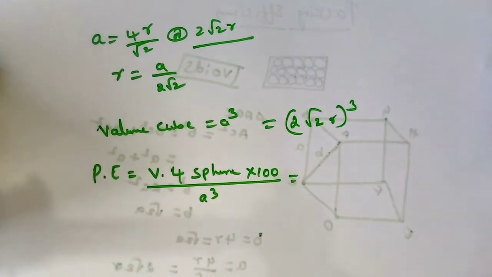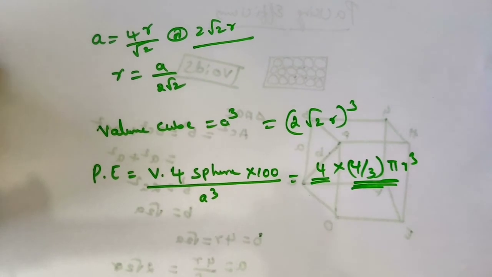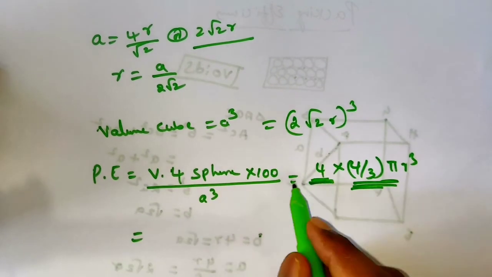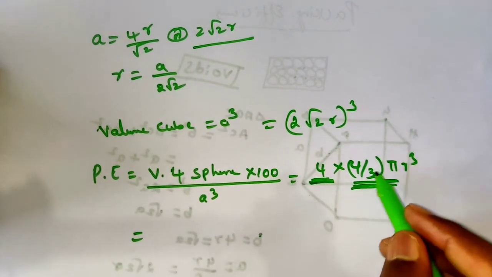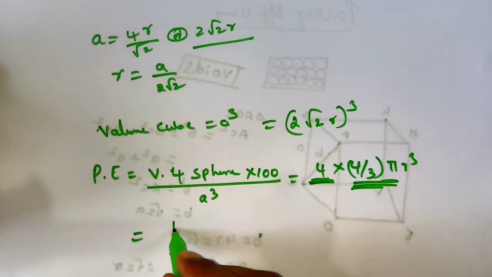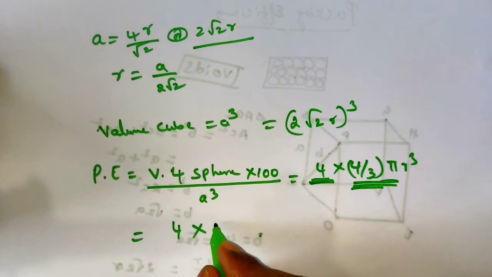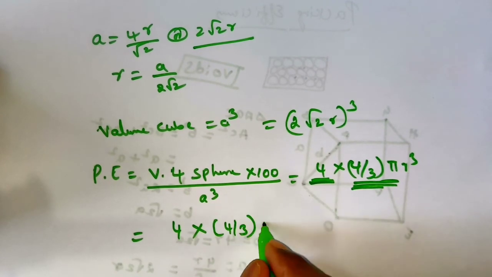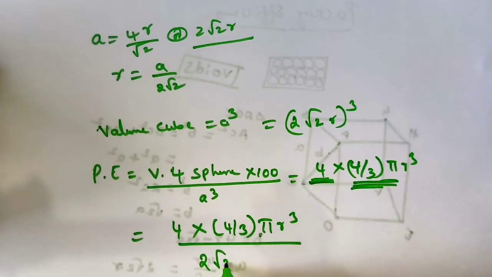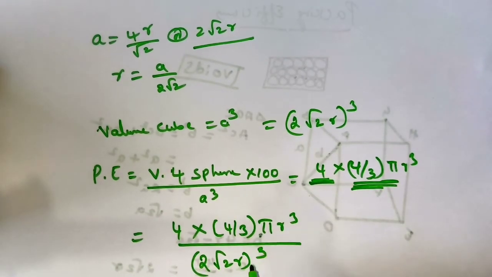The volume of a sphere is 4 by 3 pi r cube. So applying into the formula, 4 into 4 by 3 pi r cube upon a cube, that is 2 root 2 into r whole cube.